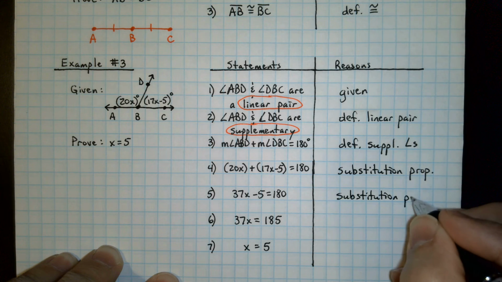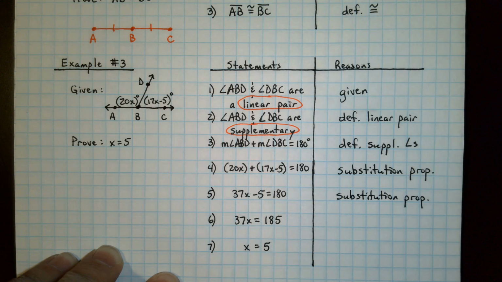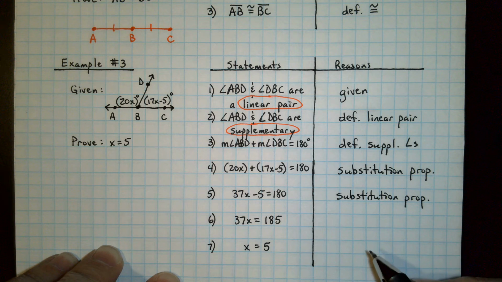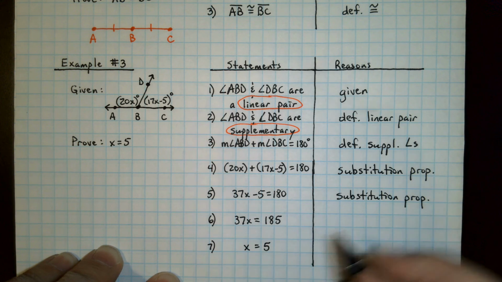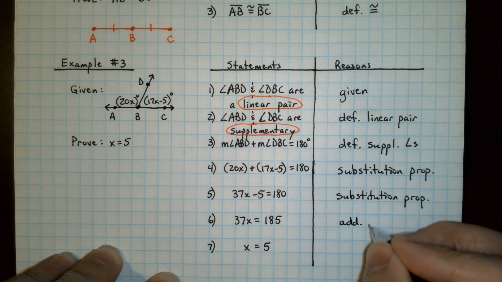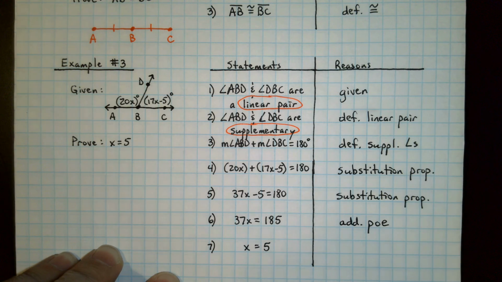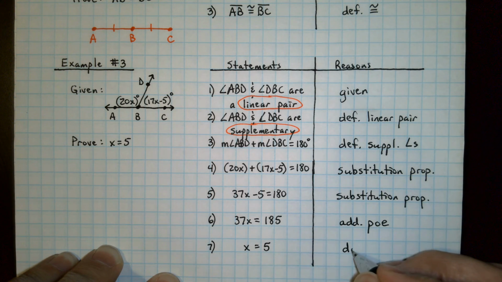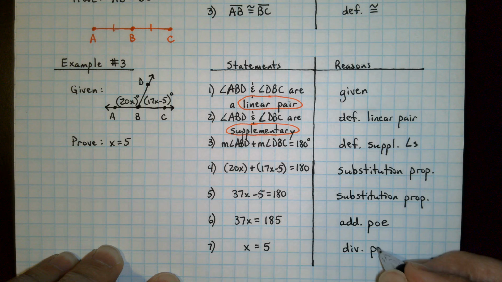Substitution property is a little broader in its ability to explain a step than combine like terms. So most people choose that over combine like terms. Then we add 5 to both sides. And this is then the addition property of equality that allows us to do that. And we divide both sides by 37. That's the division property of equality.